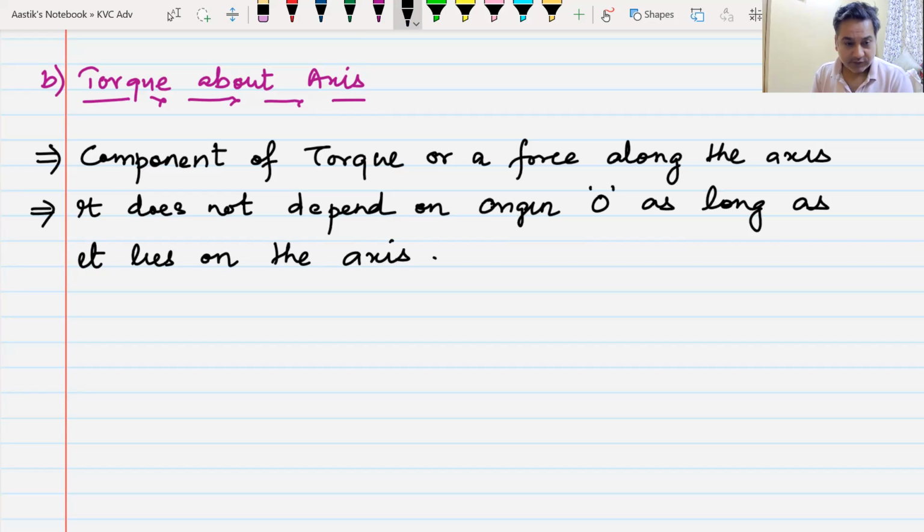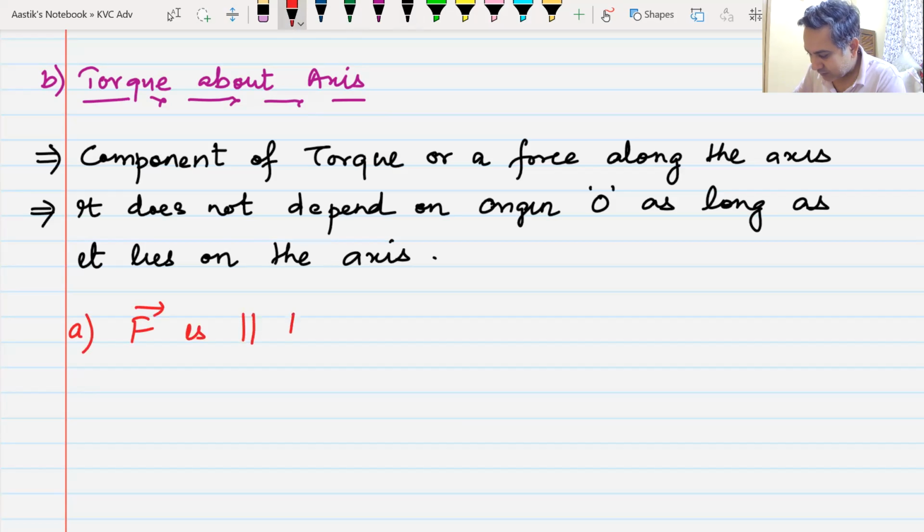Yes, sir. So torque of a force about an axis is actually that component of torque which is lying along the axis. Now there are three cases possible here. Case number one, force is parallel to the axis.